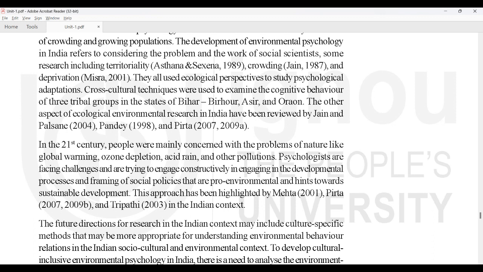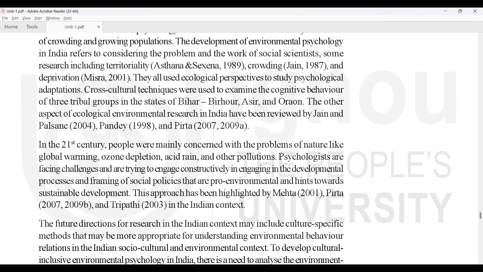They all used ecological perspectives to study psychological adaptations. Cross-cultural techniques were used to examine the cognitive behavior of 3 tribal groups in the states of Bihar, Assam, and Iran. The other aspects of ecological environmental research in India have been reviewed by Jain and Palsane, Pandey, and Purta.